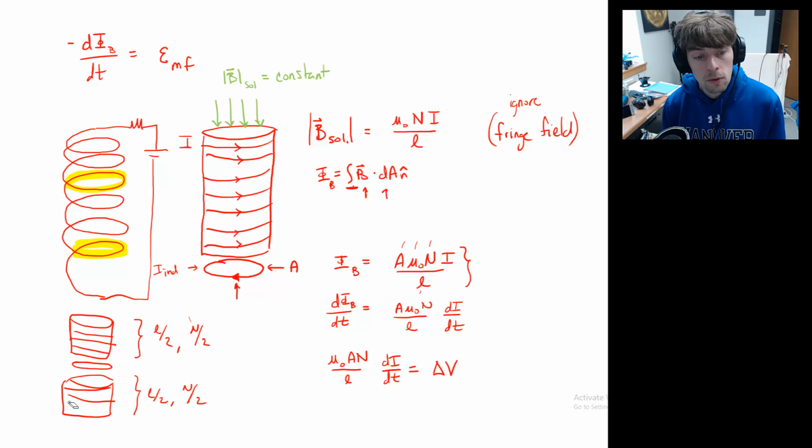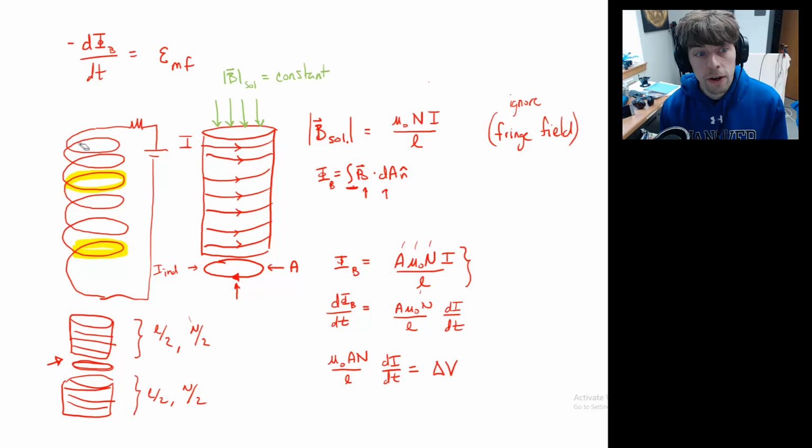Okay. But the question is would my approach actually change? No, it wouldn't, right? We would still get the same magnetic field strength going through the solenoids, and the same magnetic flux going through this center one, this one right here.